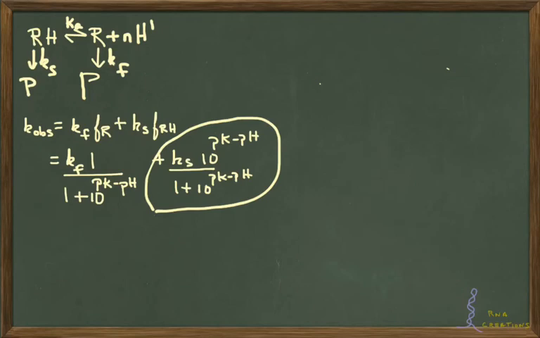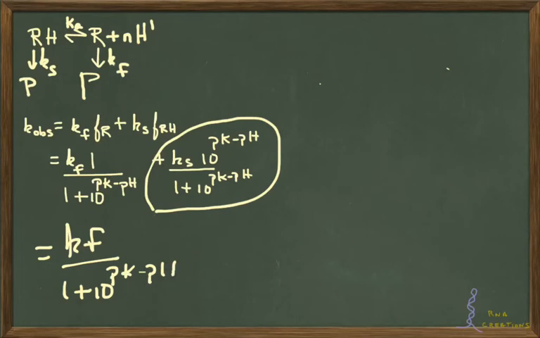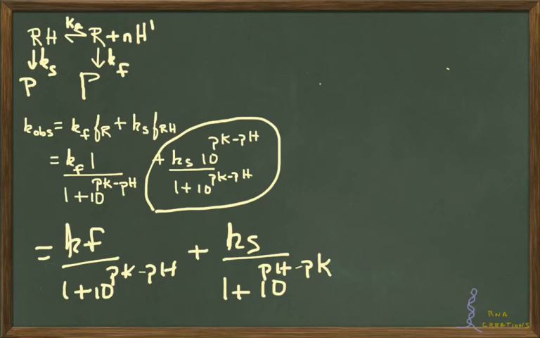You can multiply the numerator and the denominator by 10 to the pH minus pK, and you can end up with that expression, right? So when you do that, this term goes to 1, this term goes to 1, and then this term becomes this term.